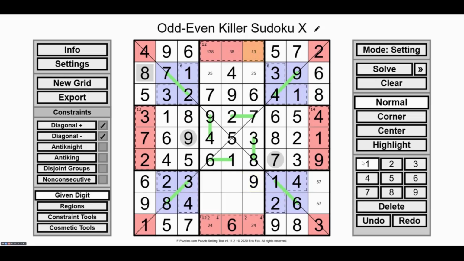This 3, that's a 5, I think. 2, 4, 2, 5, 1, 3, 8. That's a 1, I think.